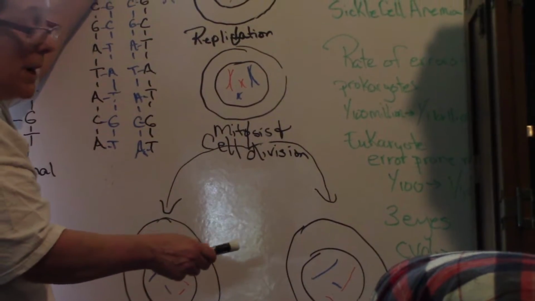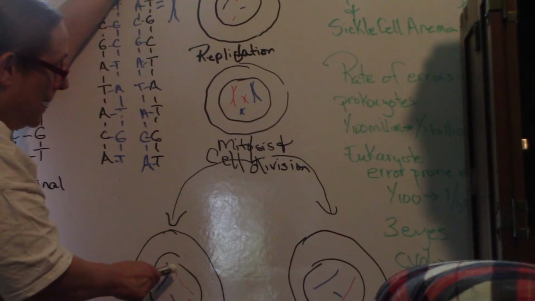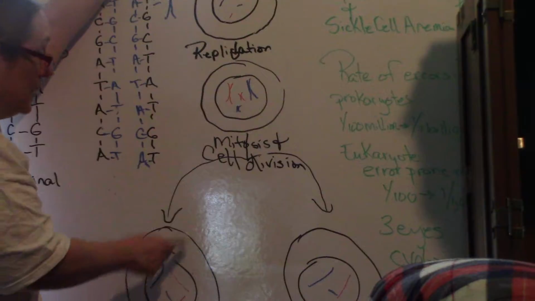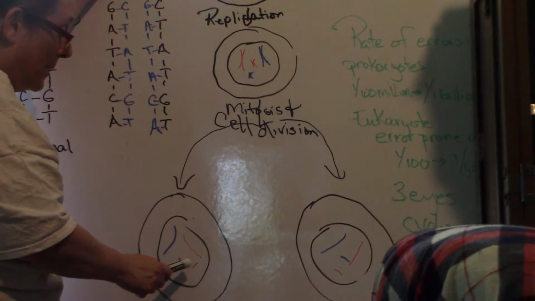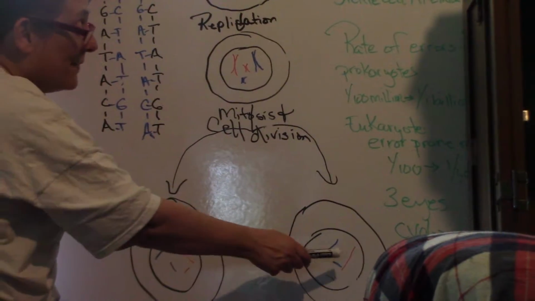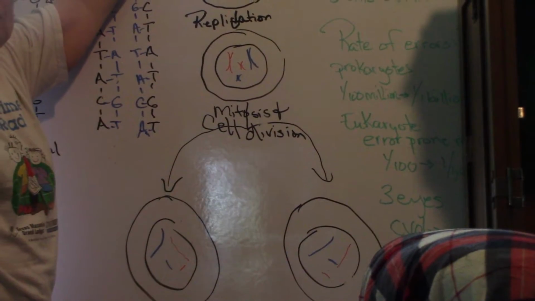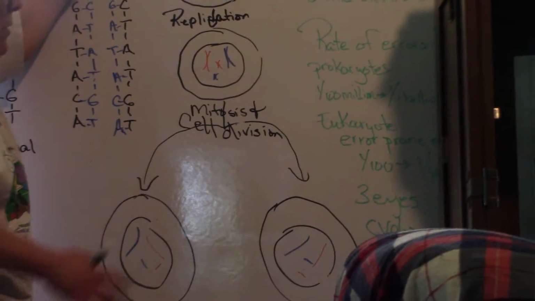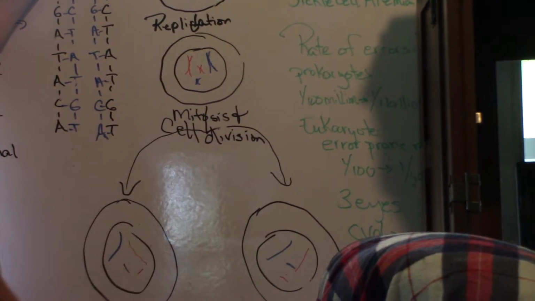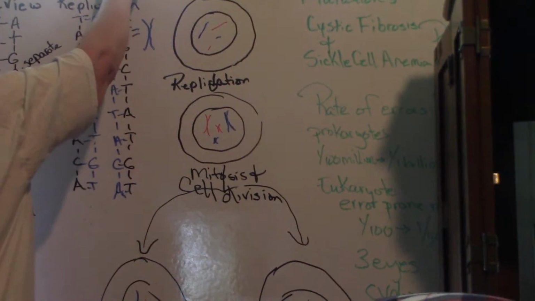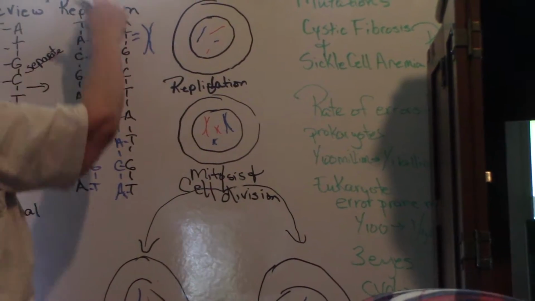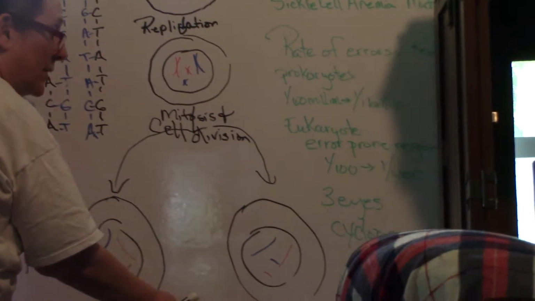We'll talk later about meiosis and how it's different. But notice that we're back to one double helix, this one, and this cell has all four of those double helices as well. So they're identical. That's an important thing to know, that you get that from replication and then cell division.